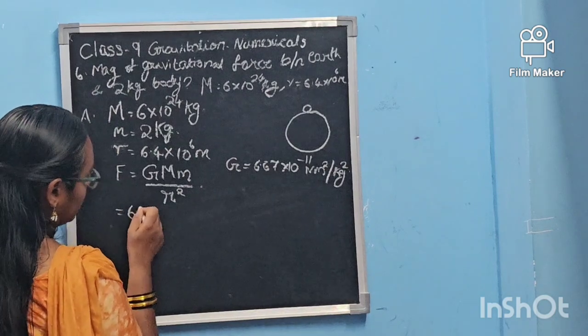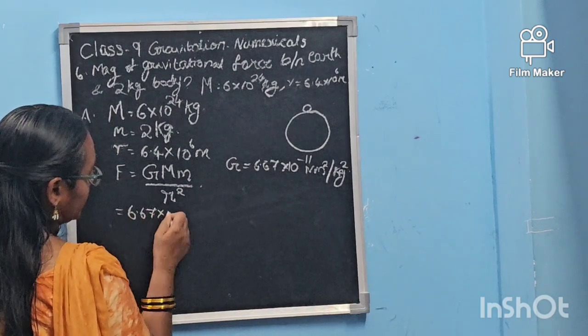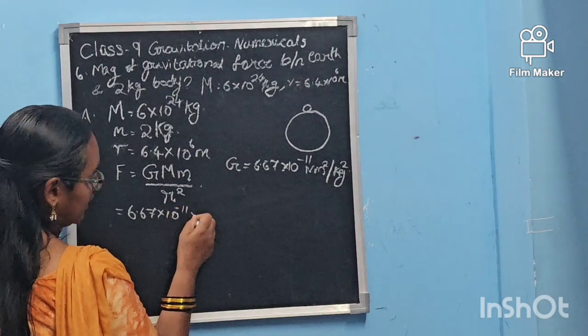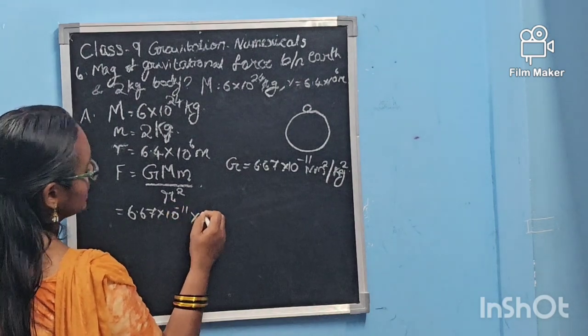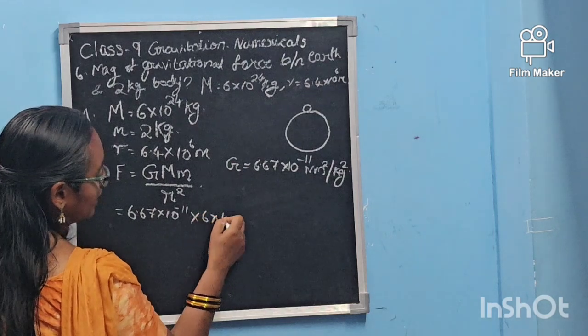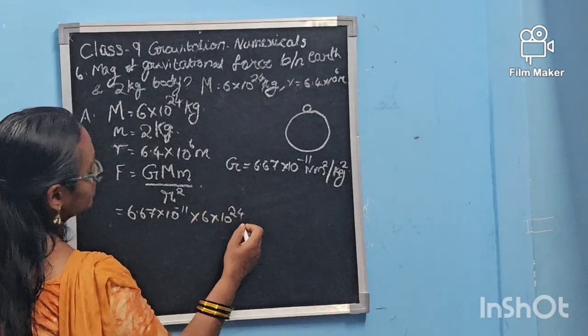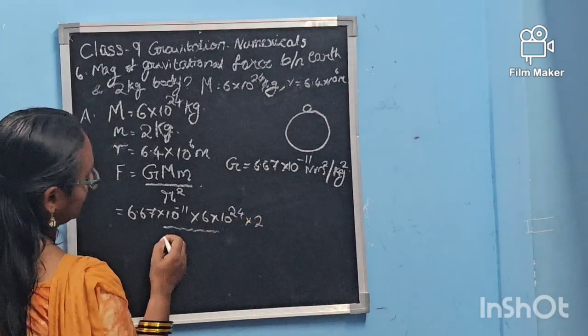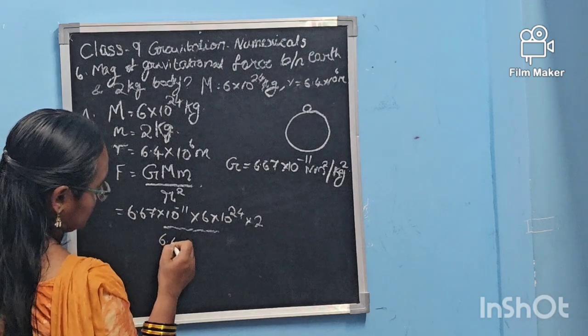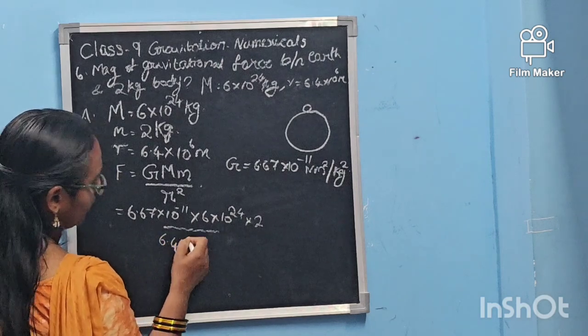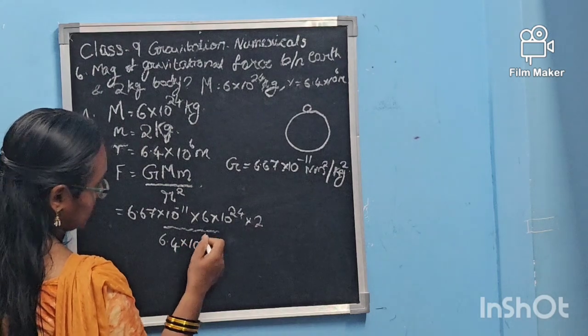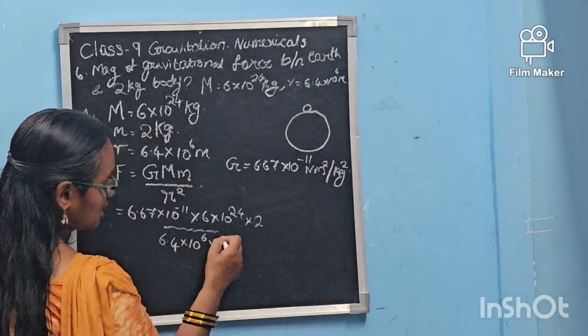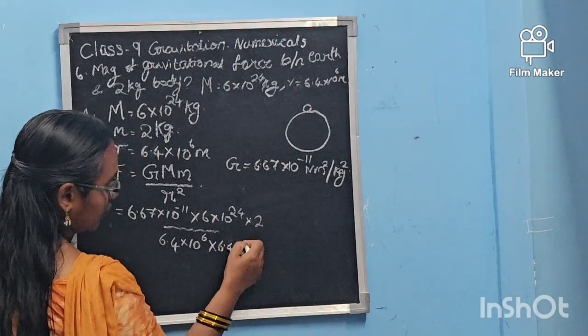F is equal to 6.67 into 10 raised to minus 11 into 6 into 10 raised to 24 into 2 divided by 6.4 into 10 raised to 6, again into 6.4 into 10 raised to 6.